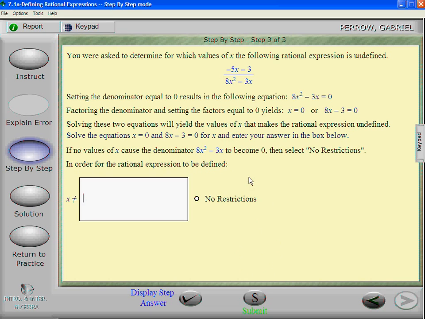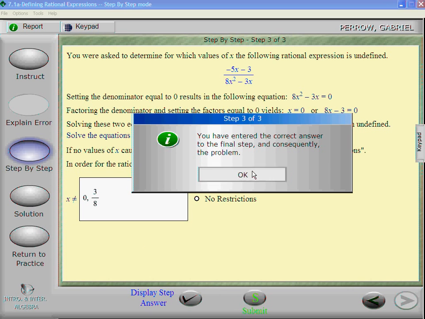And when you solve each little equation, the one with the 0 is already solved, so we can say 0, comma, and then when we solve 8x minus 3 equals 0, add 3 to both sides, you'd have 8x equals 3, divide both sides by 8, you'd end up with 3 over 8 is equal to x. So 0 and 3 over 8 are the restrictions.